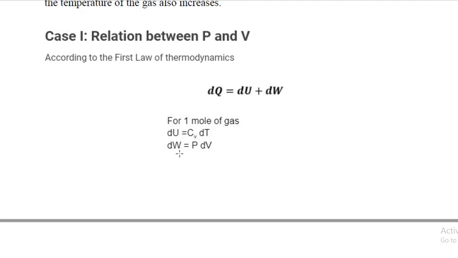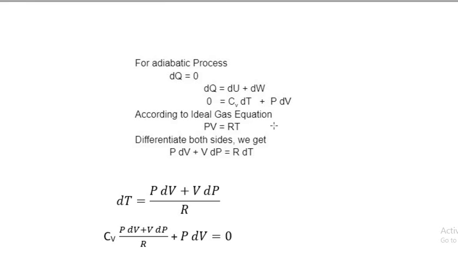And we know dw is equal to P dV. Now substitute in the first law of thermodynamics. And for the adiabatic process, dq is equal to 0. So dq is equal to du plus dw. Substitute those values. So 0 is equal to Cv dT plus P dV.